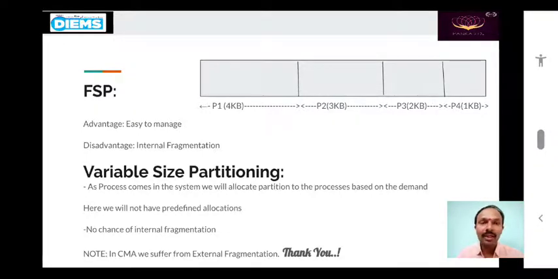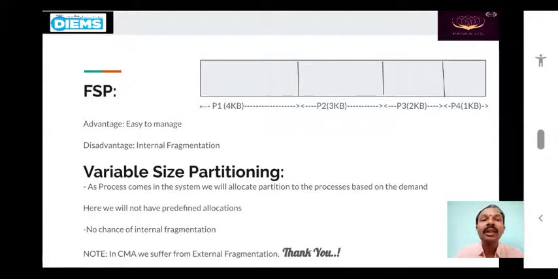The partitions are contiguous, right, but they are made depending on the process. So they are variable sized, not fixed size. It means here we will not have predefined allocations. Depending on the size of the process, we are going to allocate and make the partition.